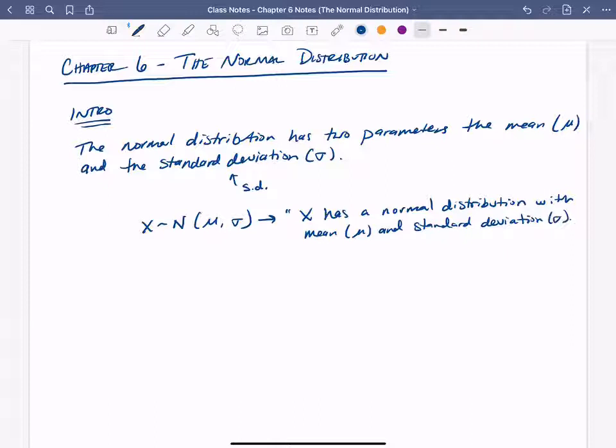Now, what you're actually going to see is, instead of mu and sigma, those will probably be values the majority of the time. Your X is just your variable, could be X or Y or any variable. And then the N says it has a normal distribution.